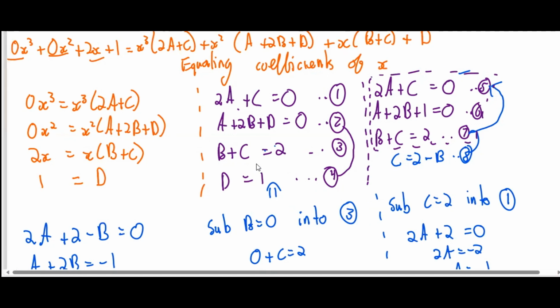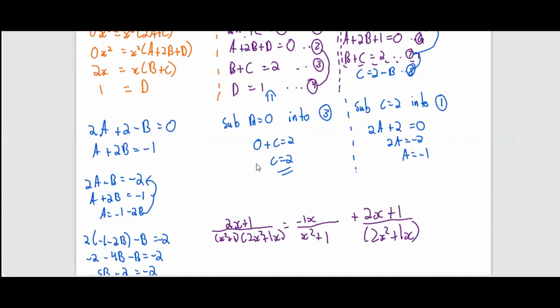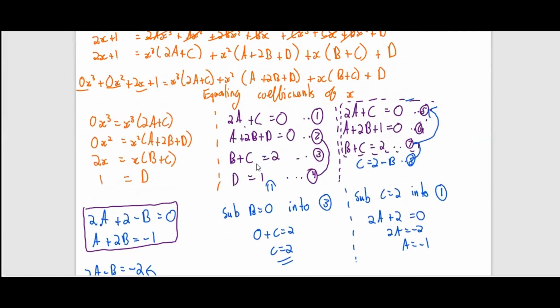Or if your calculator can't do 3 and it can do 2 equations, you can do the same thing I did: solve for one and plug it into the other one, and you just end up with 2 equations. Then you can plug it into your calculator, solve it simultaneously, and you'll get a and b. And once you have a and b, you just have to solve for c. Just plug into either one of the equations, and you get it. You already have d.